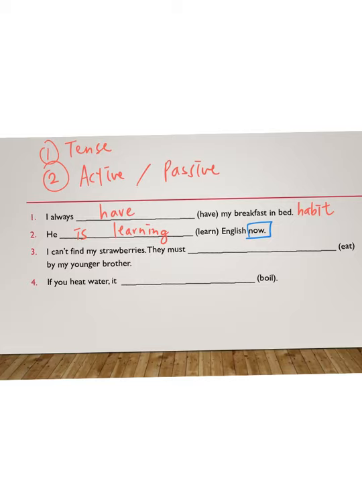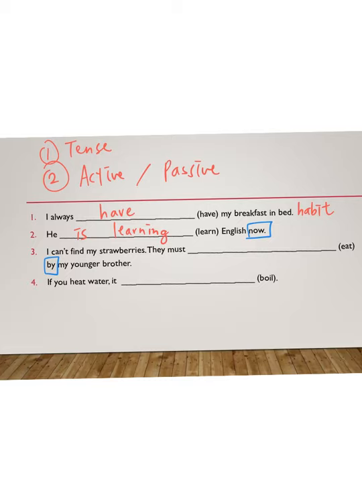Question number 3. I can't find my strawberries. They must eat by my younger brother. First of all, you can find some signal words, some hints here, just like by. That should give you a hint that this should be in passive voice.